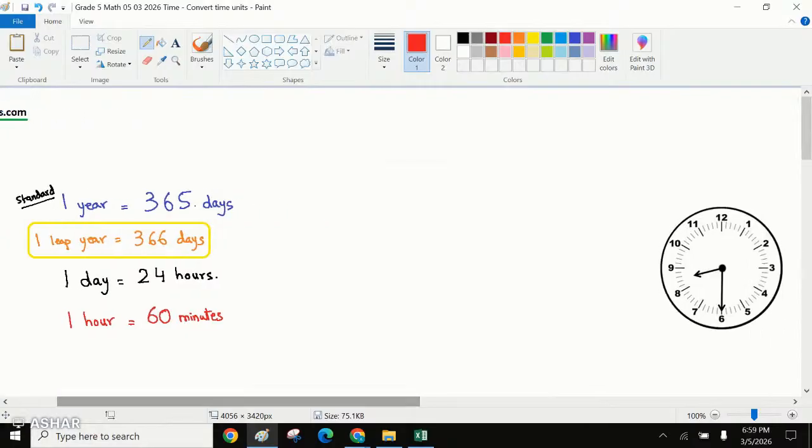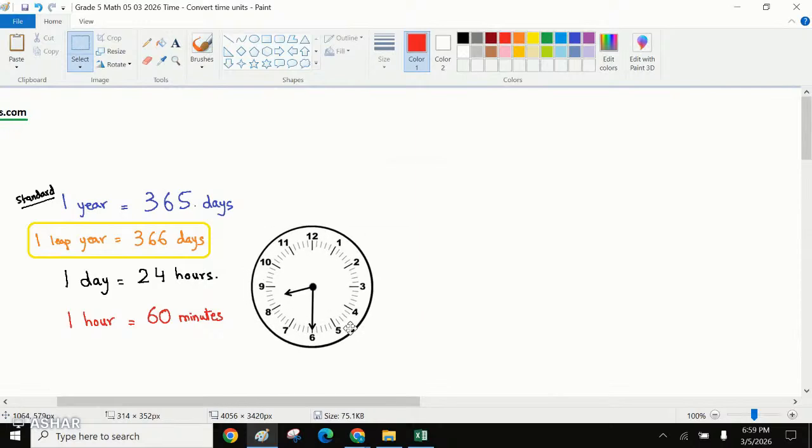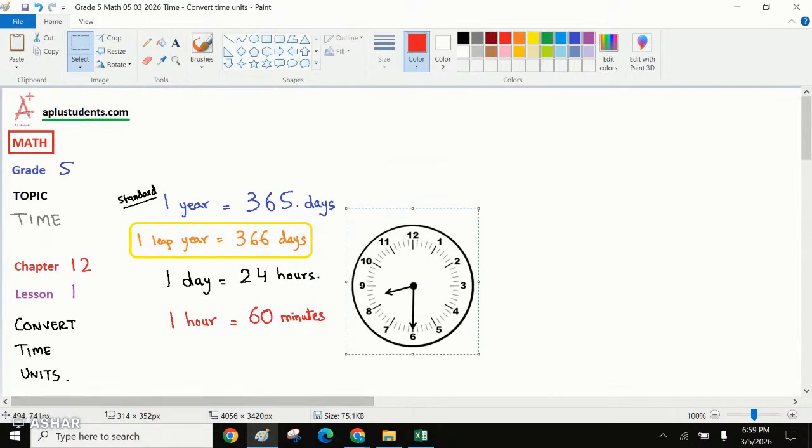Okay, let's look at a watch over here. This is a 12-hour clock, right? That means AM and PM. In 1 hour, there are 60 minutes. And for each minute, there are 60 seconds.